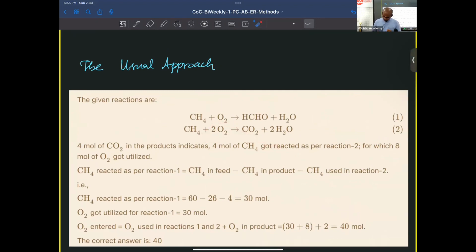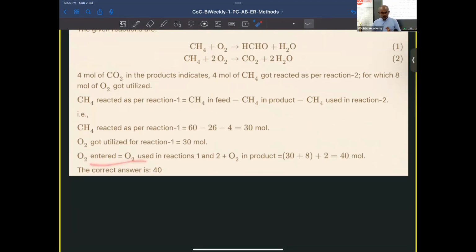Then we calculated how much CH4 is reacting as per reaction 1. Using that, we get to know how much O2 is utilized in that reaction. Then this is again simply the molar balance on O2: O2 entering equals O2 used in the reactions plus O2 there in the product.